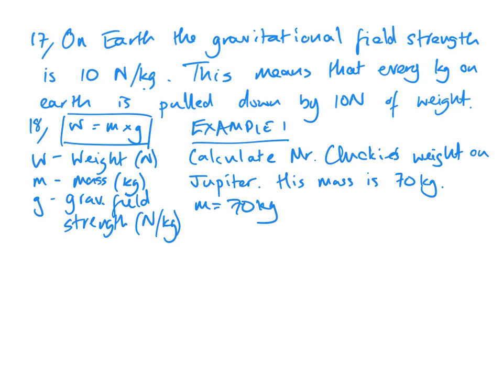Sometimes the information is given in the question, sometimes you have to look up a table. If you look up the table, you find that g on Jupiter is 26.4 newtons per kilogram. Even though that's not mentioned in the question, the fact that it mentions Jupiter means I can write that down in my list of things that I know.